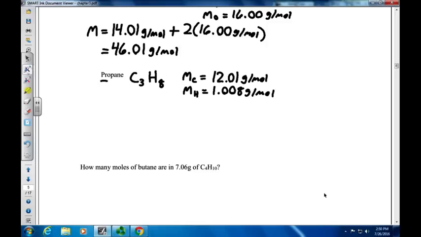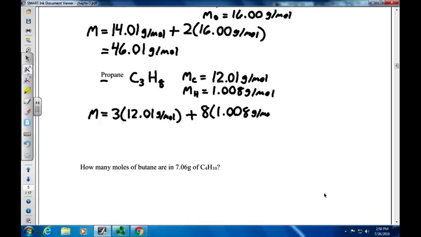And then you just set up your arithmetic series. So the mass is equal to 3 times the mass of carbon, which would be 12.01 grams per mole. Always remember your units. And then add to that 8 times 1.008 grams per mole for the hydrogen.